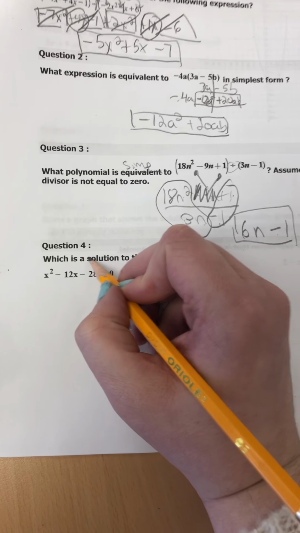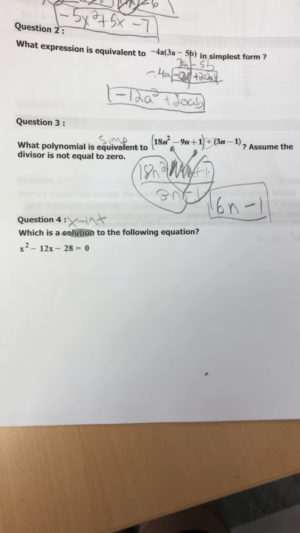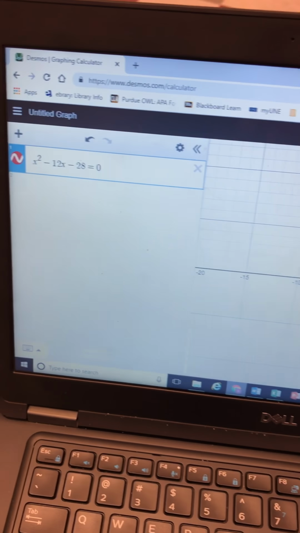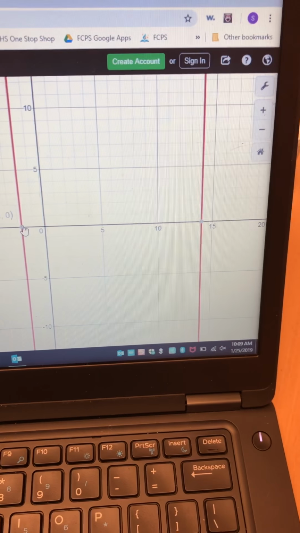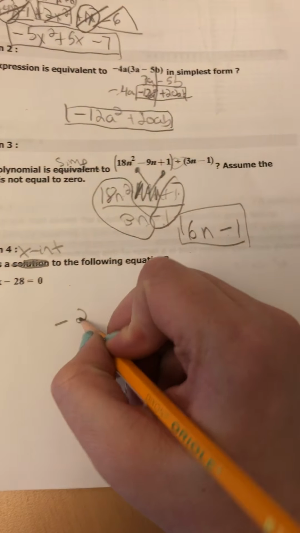Next question says solution. We know that means x-intercept, so we can use decimals. So I went ahead and put this into decimals, and this is the picture that I got. So remember, we're looking for x-intercepts, so I found it here at -2 and here at 14.